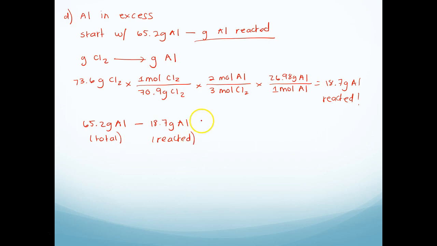And what we get when we subtract that out is 46.5 grams left over. Or another word for it is the amount of excess that we have. Okay, so this is our final value here.